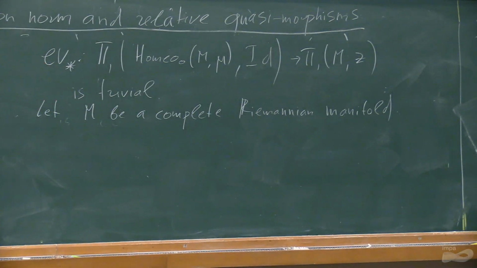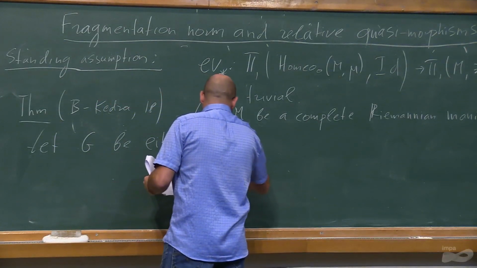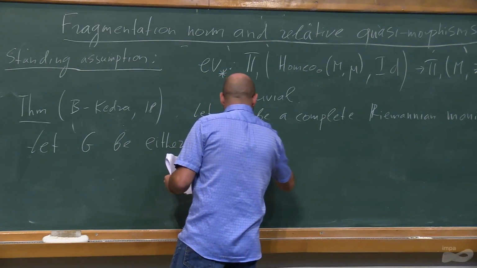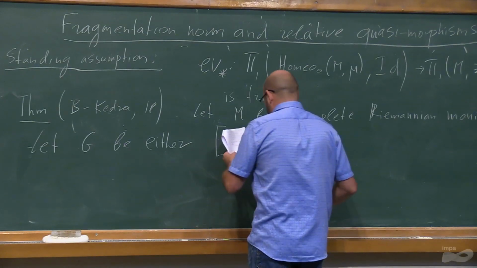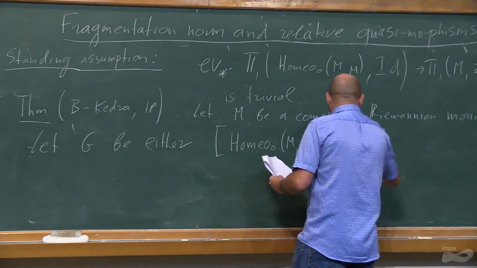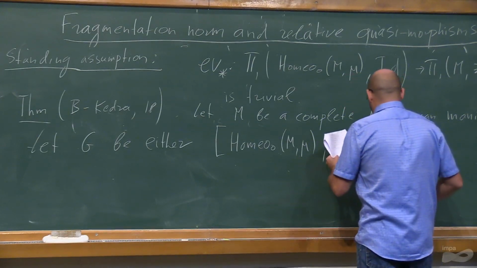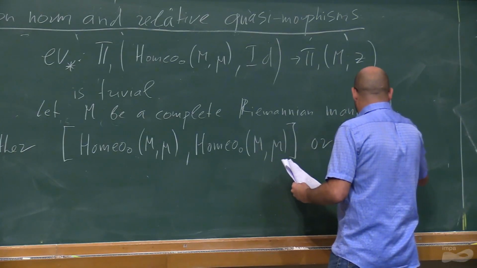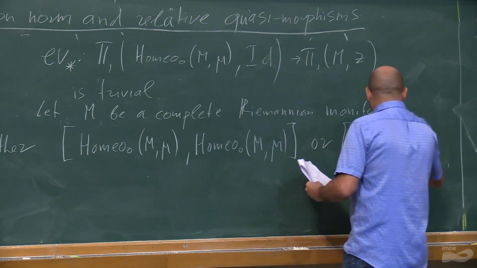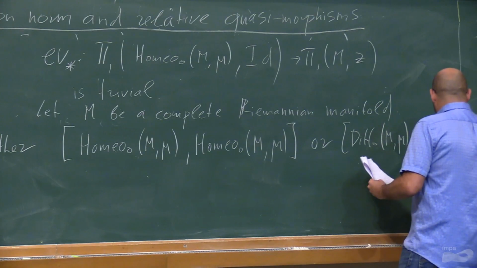And let G be either the commutator subgroup of Homeo 0 of M, mu, or Diff 0 of M, mu.